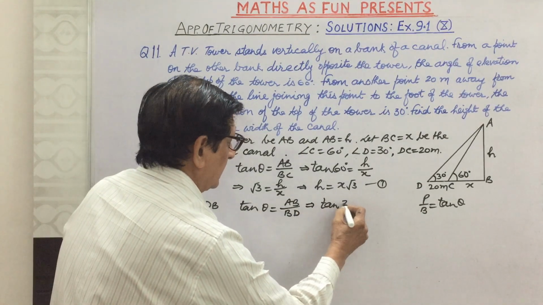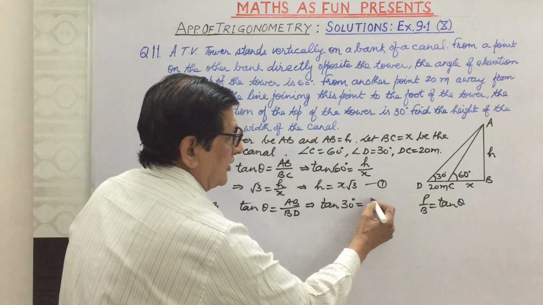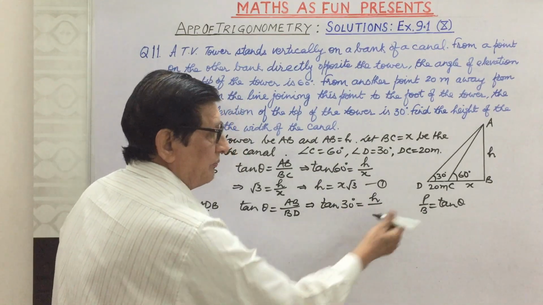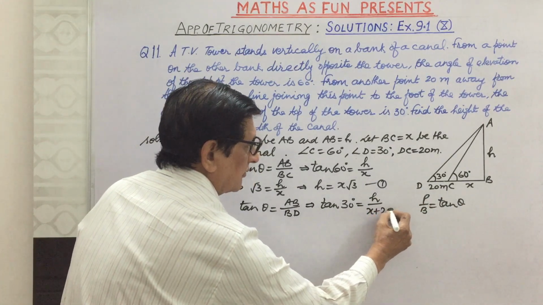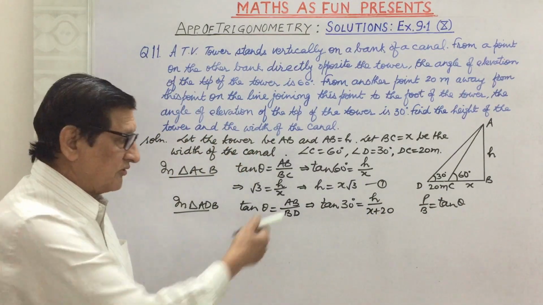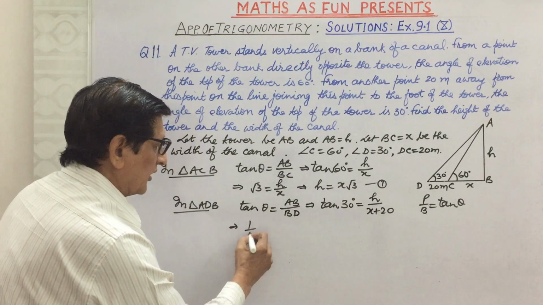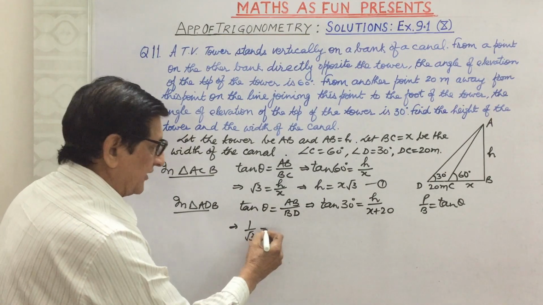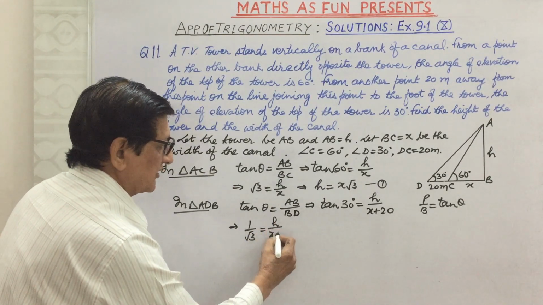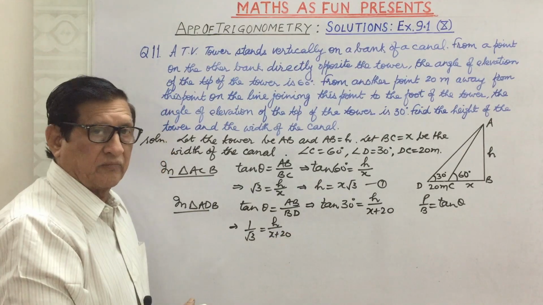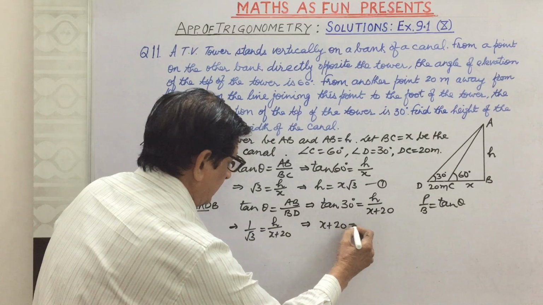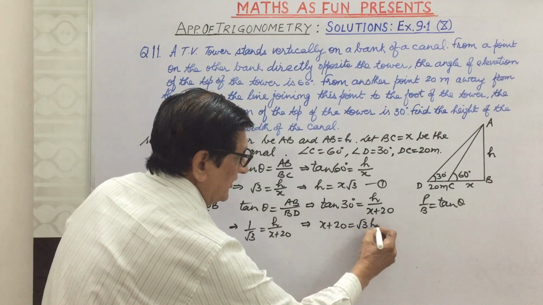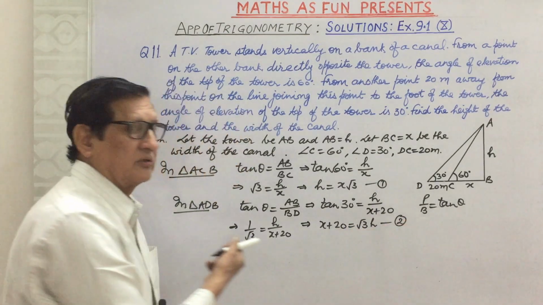So tan 30 is equal to AB which is H, BD here is X plus 20. We know the value of tan 30 is 1 upon root 3. That is equal to H upon X plus 20 here. When we cross multiply them, we are getting X plus 20 equal to root 3 into H. This we can take as equation number 2.